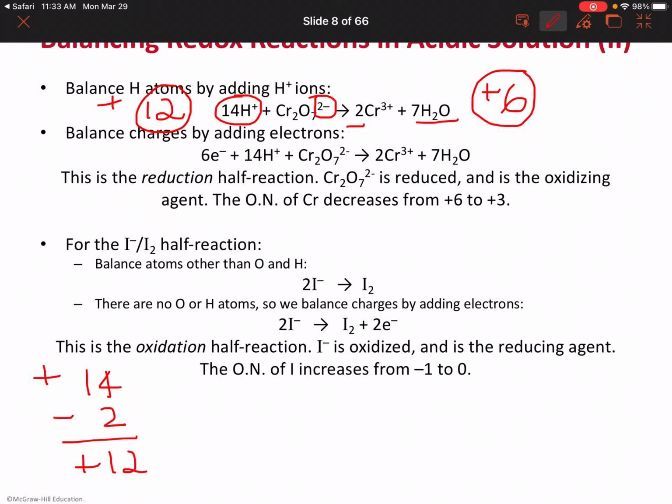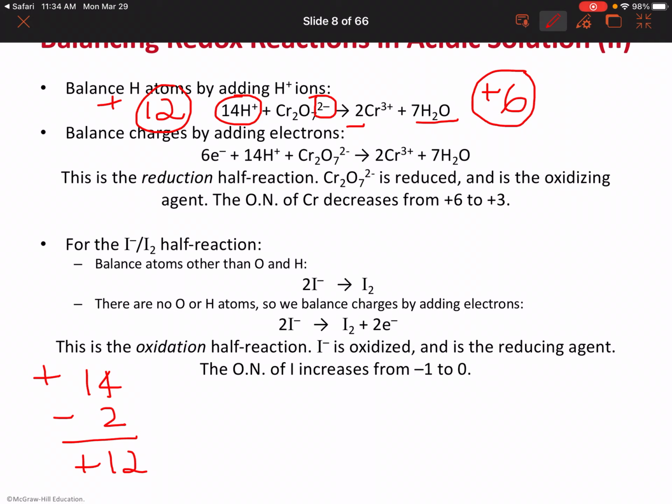Going from plus 12 to plus 6, is it increasing or decreasing? Decreasing, right? If the oxidation number is decreasing, that's a reduction.